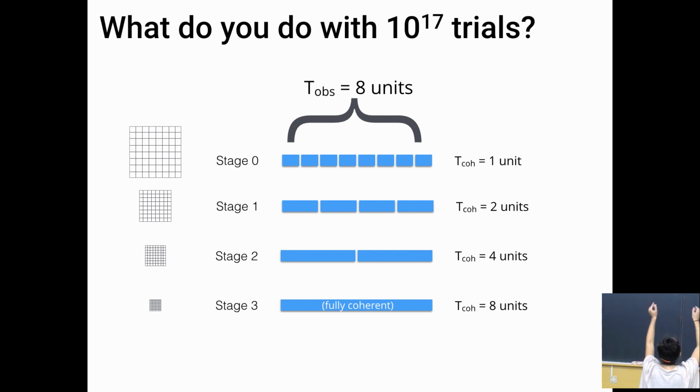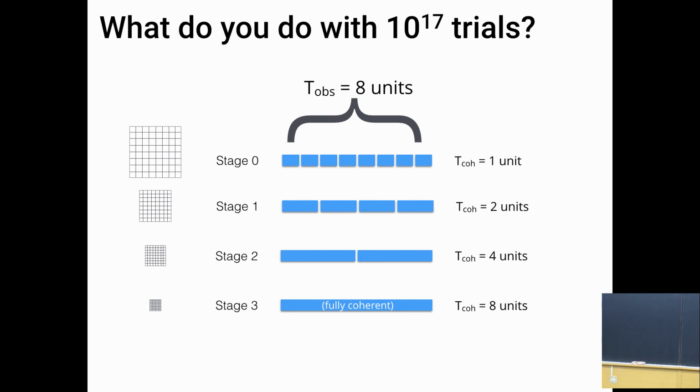In stage 1, we increase the coherence time, and that increases the sensitivity. We also increase the computational cost, but now instead of searching our entire parameter space, we're only drawing little targets around, let's say, 10,000 candidates. And then we keep doing that until we get to a final fully coherent stage.